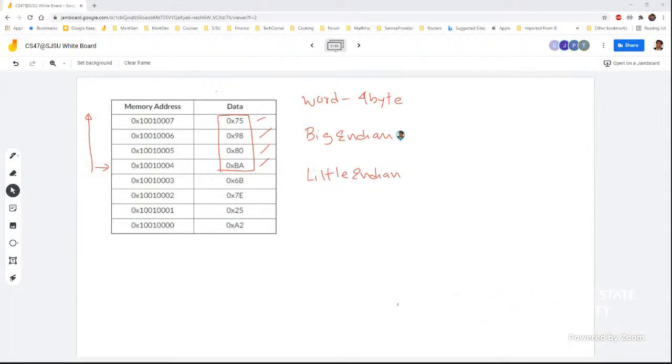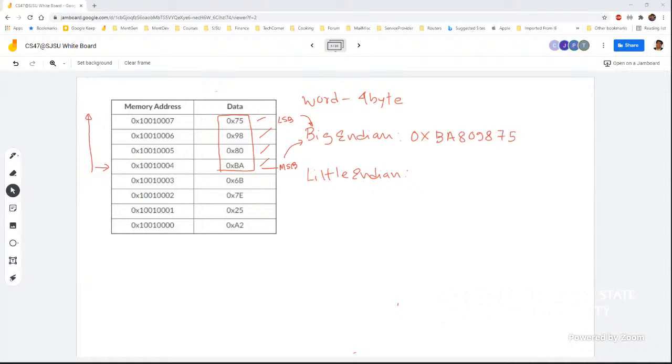Big endian system assumes your most significant byte is in the lower address. So this guy is MSB for big endian system. And this guy is LSB for a big endian system. So your value is really BA809875.